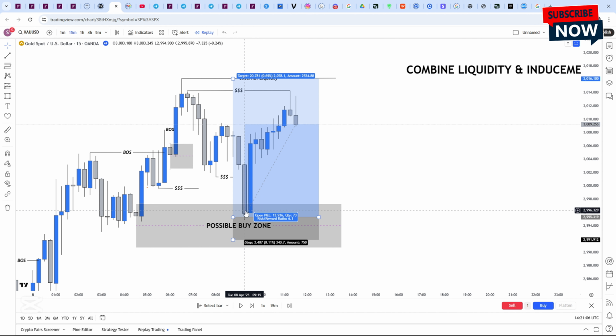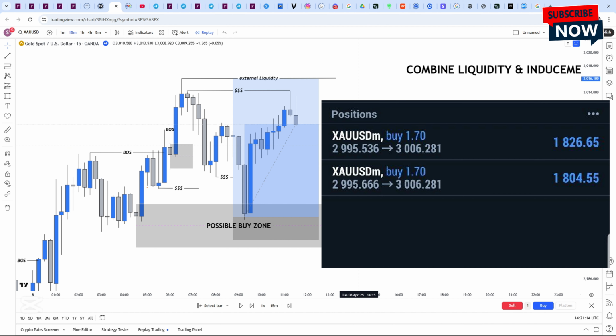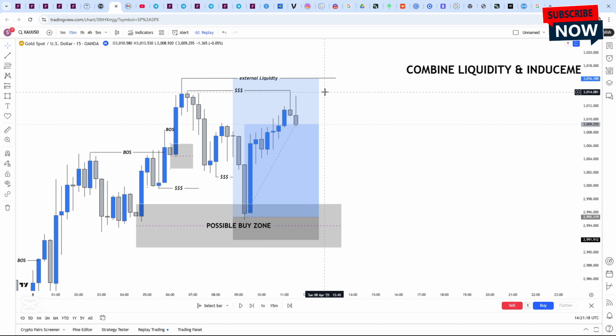Sometimes you can push the BE or the stop loss inside, so that if the market comes back, you can gain more money. Now we are sitting, targeting our recent high or our external liquidity that the market has to come and take. So let's see what happens in this market.